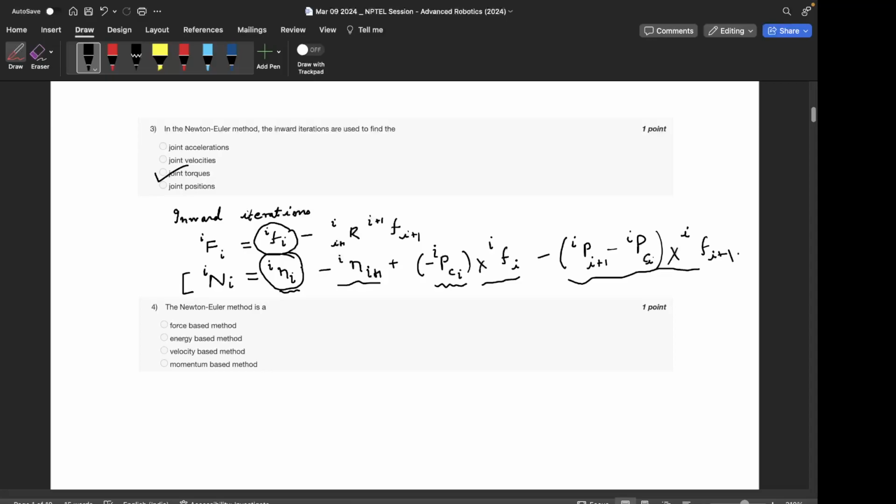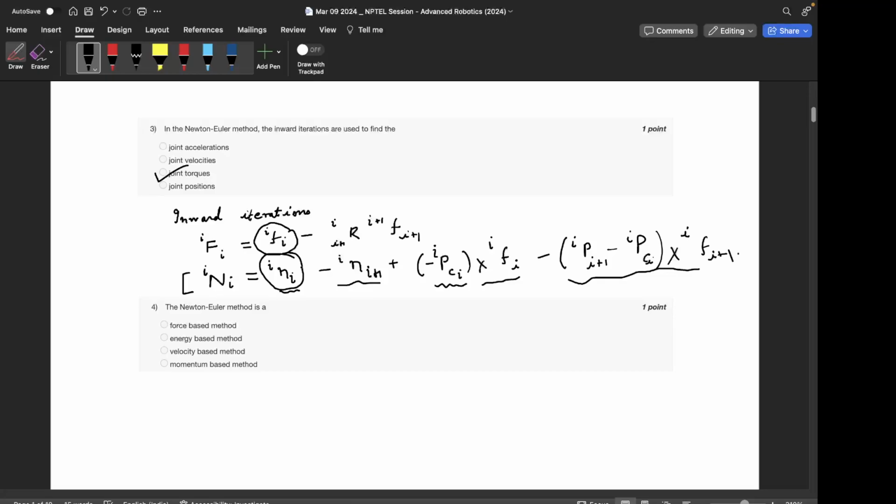Right. But sir, when we did static analysis in the week 4 session discussion, we discussed a 2-link planar manipulator where a force F is applied at the end effector. At that time, we discussed that the force acting at joint 2 creates the force acting at joint 1, no, sir.